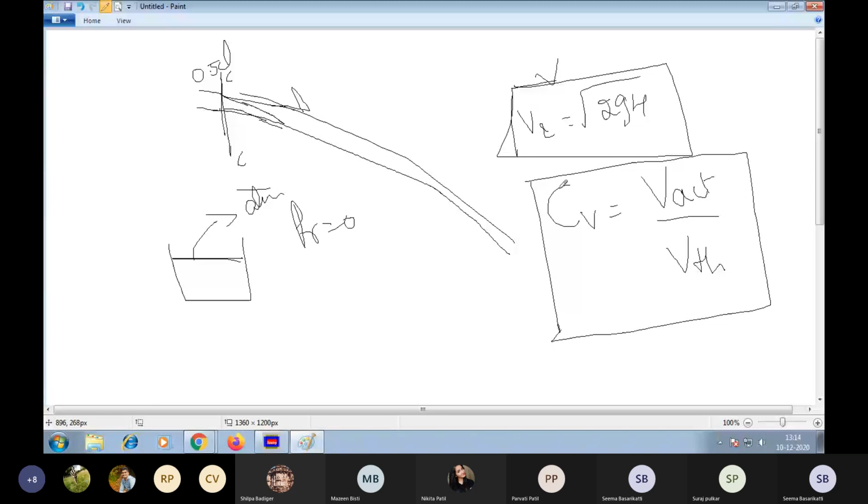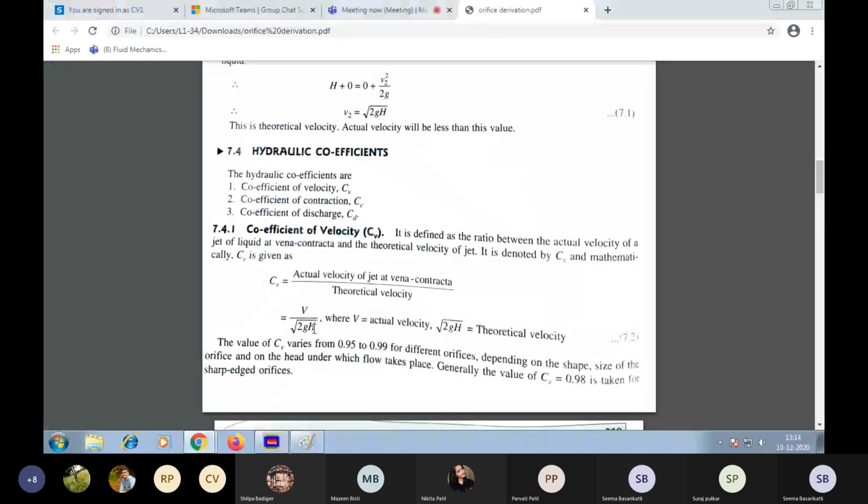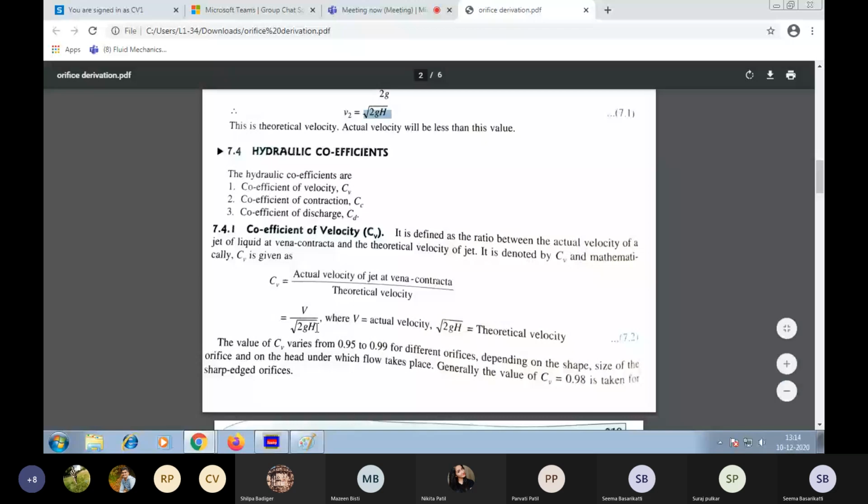Then coefficient of discharge is nothing but actual discharge by theoretical discharge. In the case of coefficient of velocity, the actual velocity is V, and the theoretical velocity we have identified as the square root of 2gh. You have to remember these things in this manner.